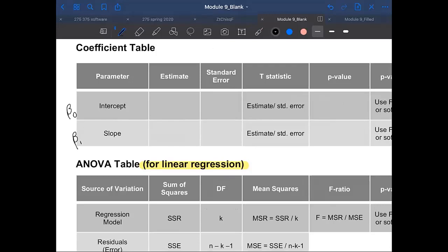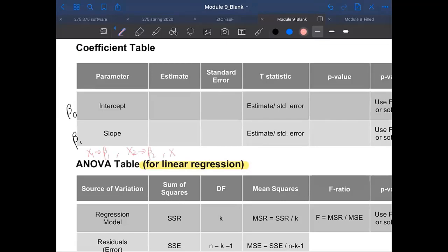In BA 375, you are going to learn multiple linear regression. When you have multiple linear regression, there are going to be multiple x's: x1, x2, x3, and x4. For x1, you're going to have a beta 1. For x2, you're going to have a beta 2, and so on.